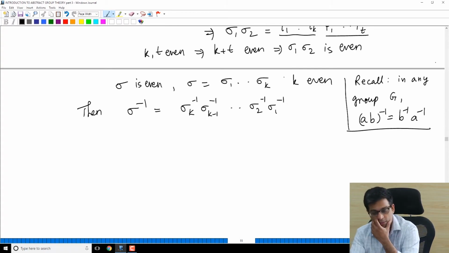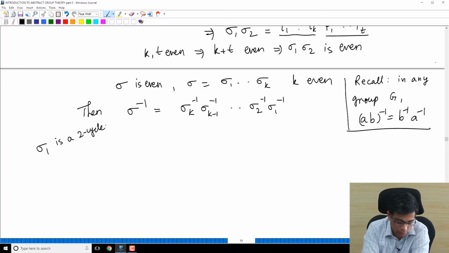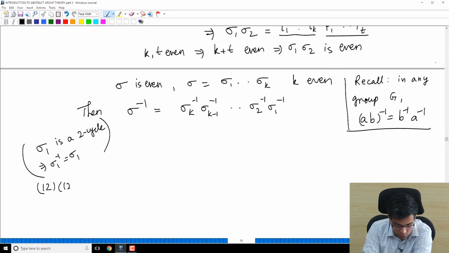So sigma 1 to sigma k whole inverse is, you take the inverses and multiply in the reverse order, sigma k inverse, sigma k minus 1 inverse. But now if sigma 1 is a 2-cycle, sigma 1 inverse is actually sigma 1, because remember (1 2) times (1 2), for example, is e.